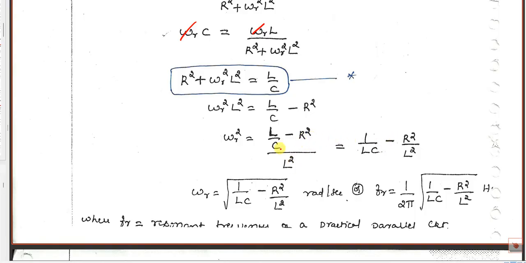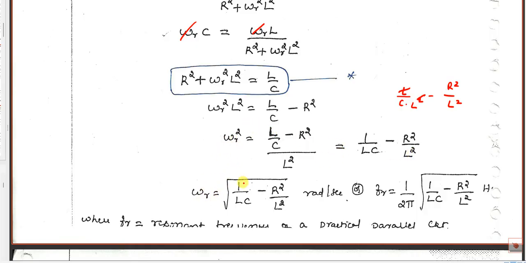I can write L by C into L square, this is R square by L square. So we are left with 1 by LC minus R square by L square, that is equal to omega r square.